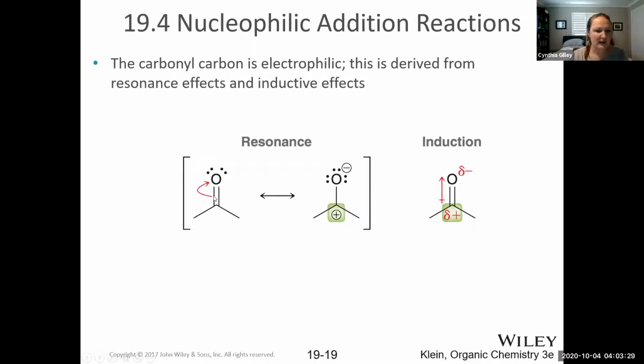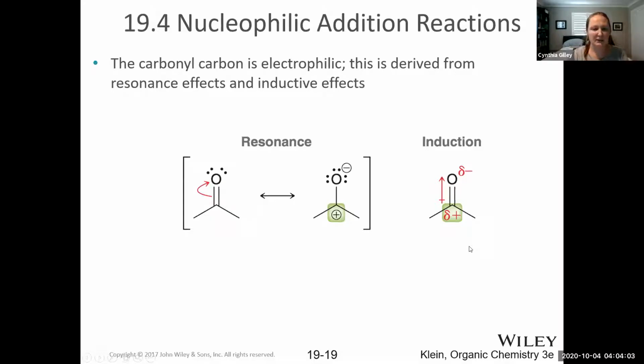The pi bonded electrons are spending more time around the oxygen, or there's greater electron density around the oxygen than there is around the carbon. And we can see that through the fact that the true structure is a hybrid of these two resonance structures. And this resonance structure has a positive charge on the carbon, which overall means there's a partial positive charge on this carbon. So through both a combination of induction and resonance factors, the carbonyl carbon is electrophilic.